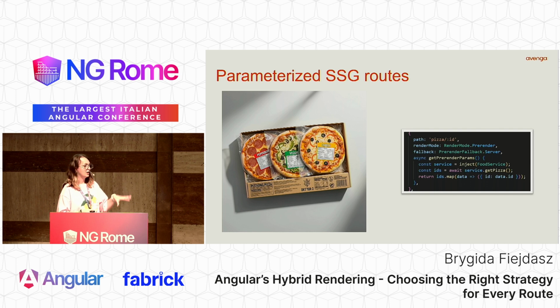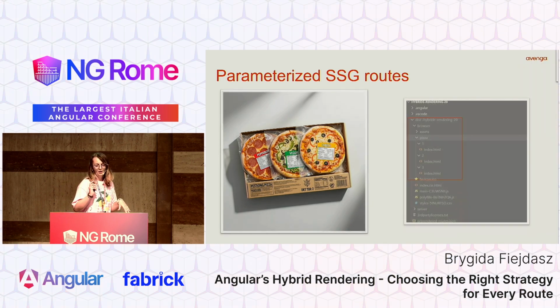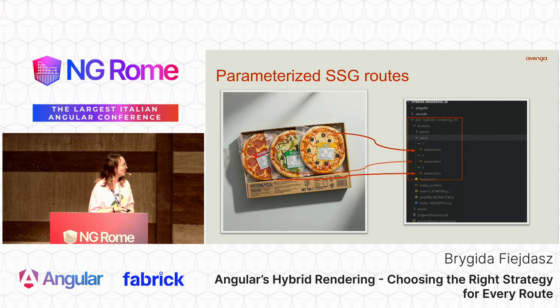So this function is invoked during the build, and after we've got all these parameters, as you can see, we have separate pages per ID. So I have a page for cheese pizza, for some pepperoni pizza, and the veggie one. But please be careful here.